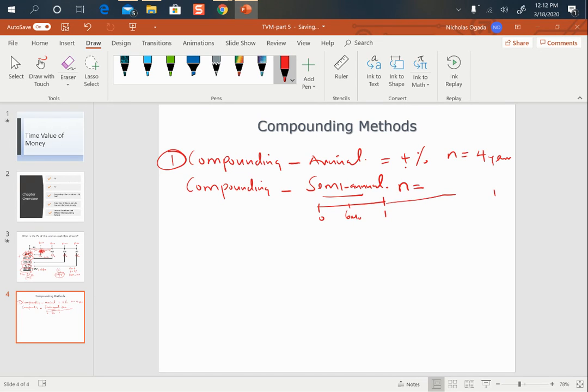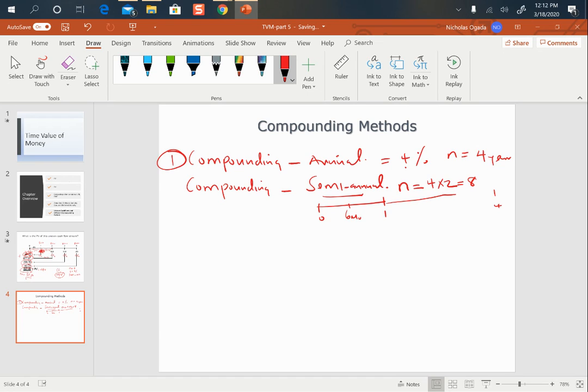Over 4 years, the total compounding periods on a semi-annual basis is the number of years, 4, times how many compounding periods you have in a year, which is 2, and therefore N changes to 8.